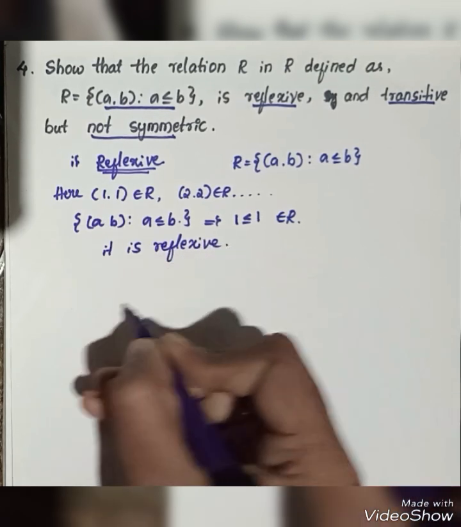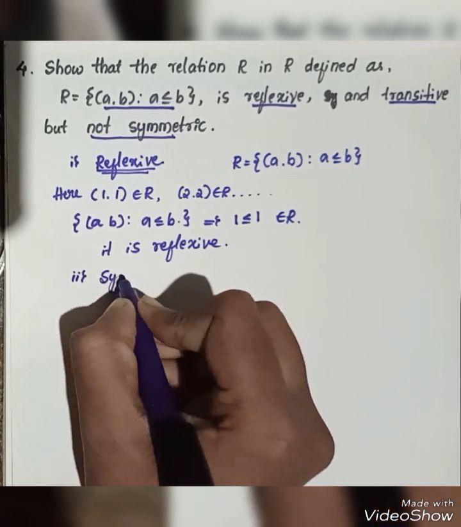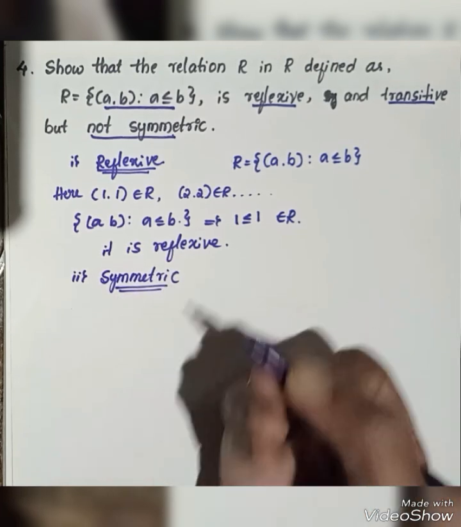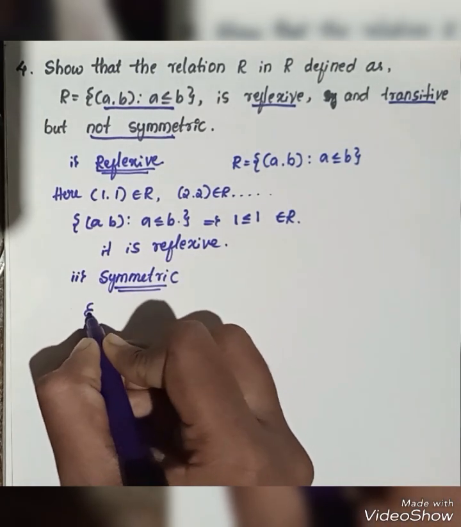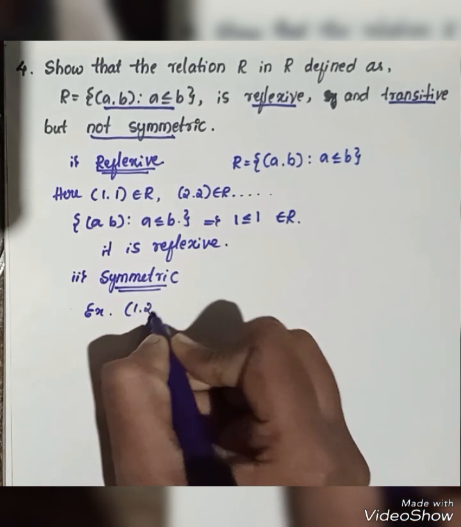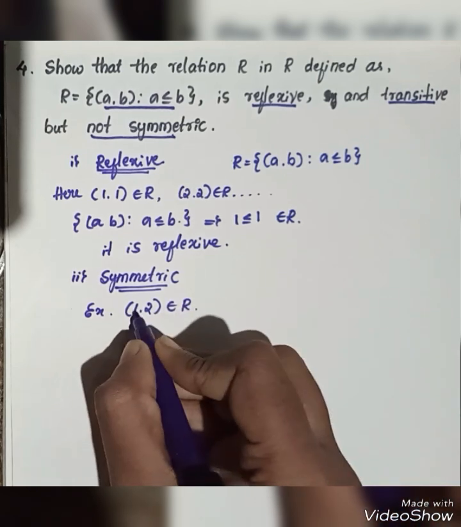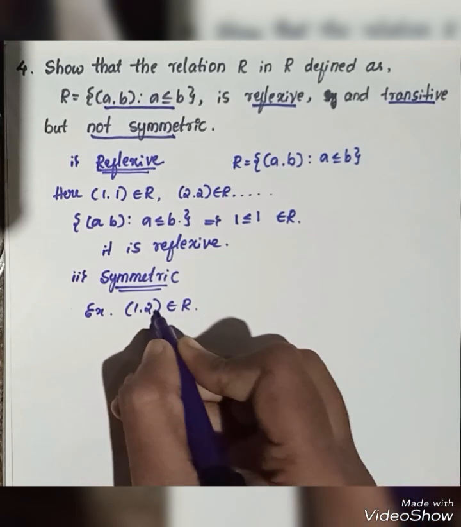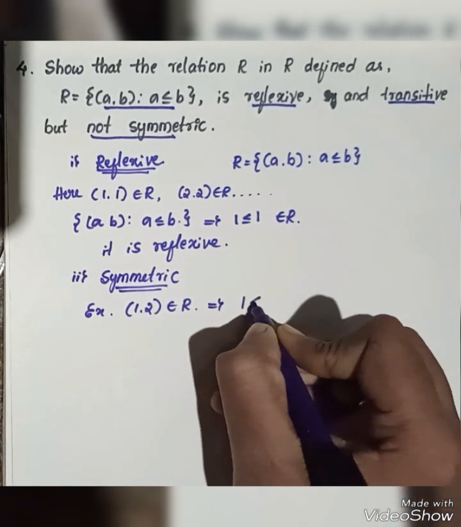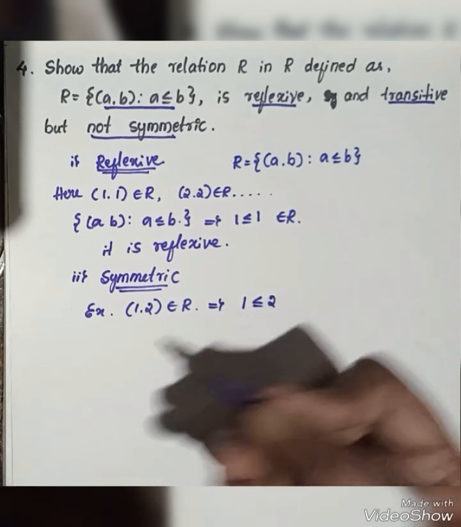Next, the second condition, symmetric. Here, taking an example (1, 2). (1, 2) belongs to R. For the condition, taking a is 1 and b is 2, 1 is always less than or equal to 2.